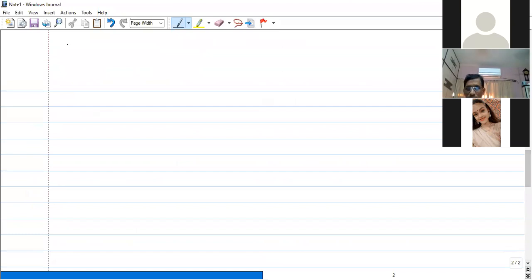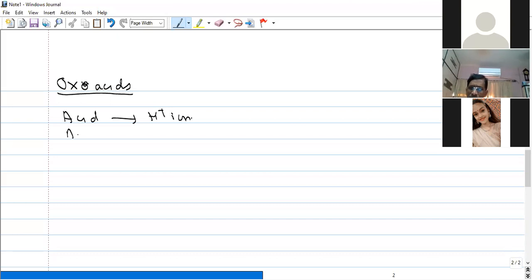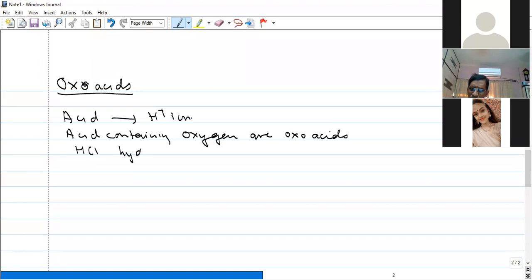Now we'll do oxoacids. What are oxoacids? First of all, what are acids? Acids are the substances which give hydrogen ion. Acids containing oxygen are called oxoacids. Example, HCl is an acid, hydrochloric acid.